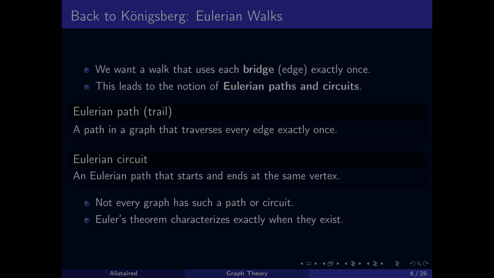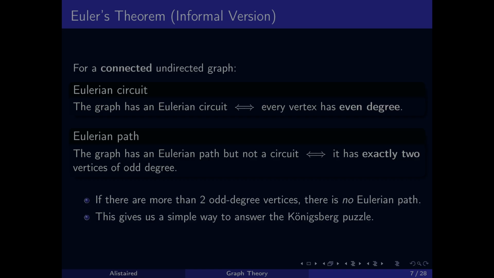Now, obviously, not every graph contains such a path or circuit, because there is a characterization that Euler came up with, a simple and easy characterization with which we prove whether a graph is Eulerian or not. The idea is simple.